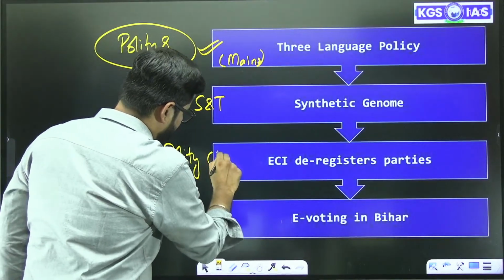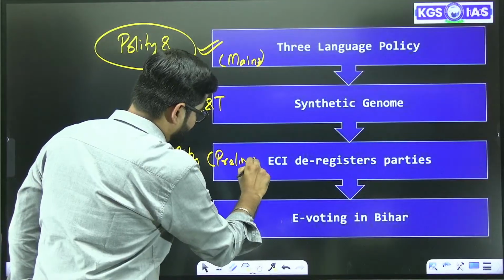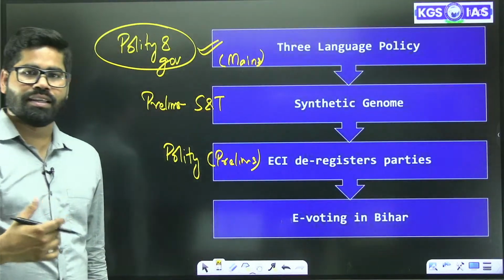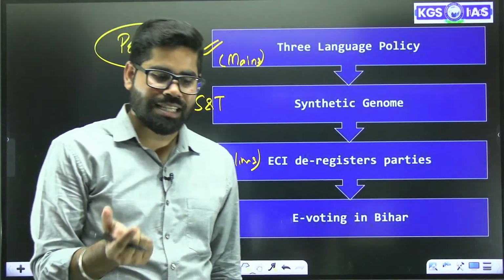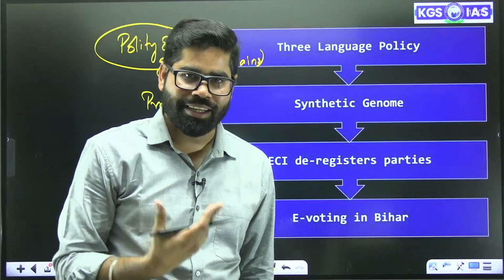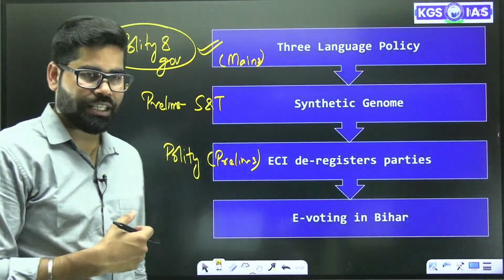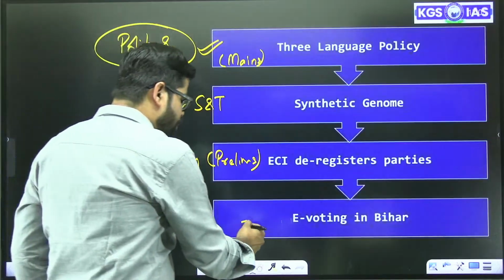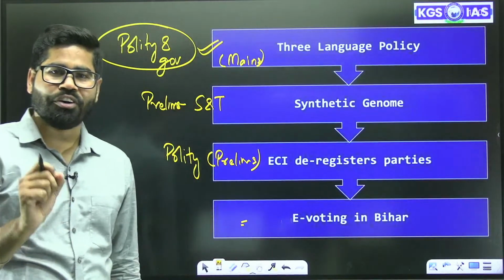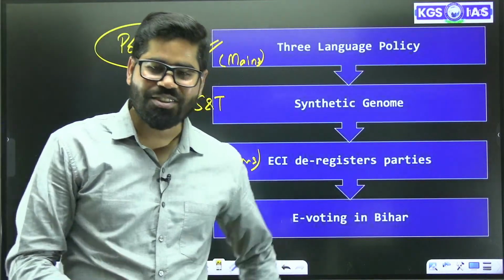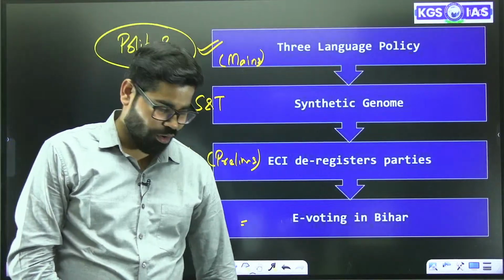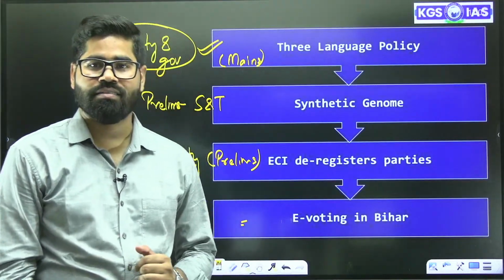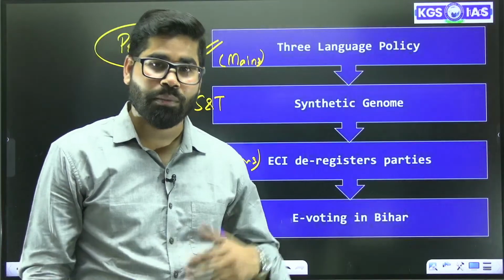we have this Election Commission of India which has started deregistering some of the political parties. So why it has been done? We will try to see that. Then we will talk about this one thing, e-voting in Bihar. Okay. So many a times we are seeing Bihar on the list, like from the bottom.